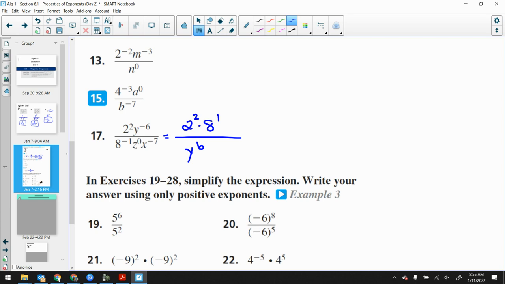No. What happens with Z? It turns into 1. It goes away, right? Is X happy? No. Okay, so now on top, I've got 2 squared, which is 4, times 8, 32. Leave the X to the 7th, leave the Y to the 6th.